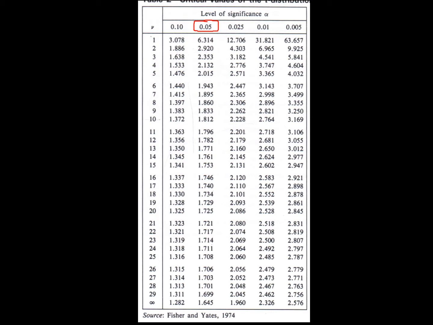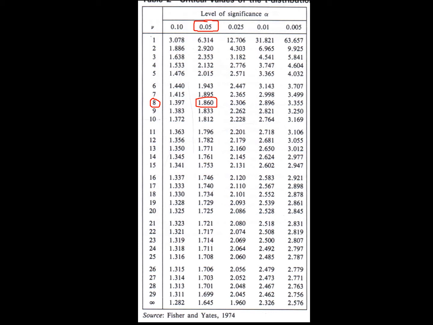So we're going to have an 8. It's going to be 10 minus 2 equals 8. And so we look at the intersection at a v of 8 and we find a value of 1.86. So this is the critical t value from the table. And essentially the test is this simple.